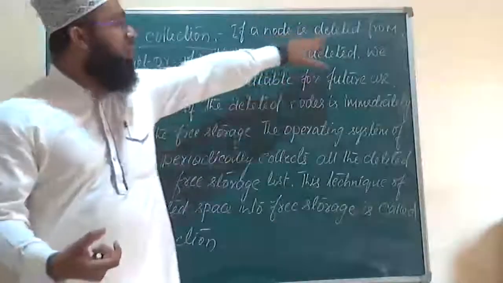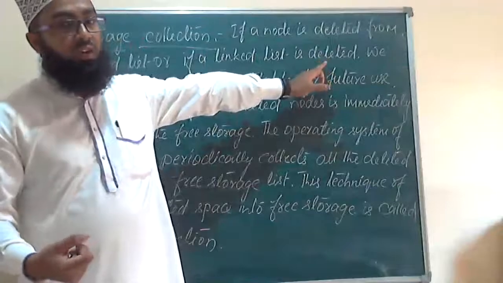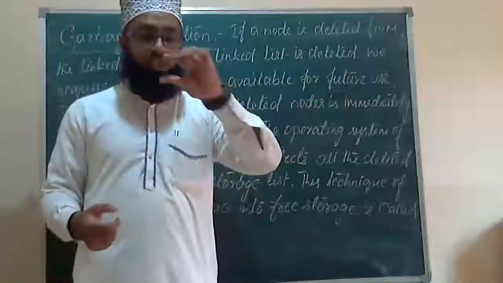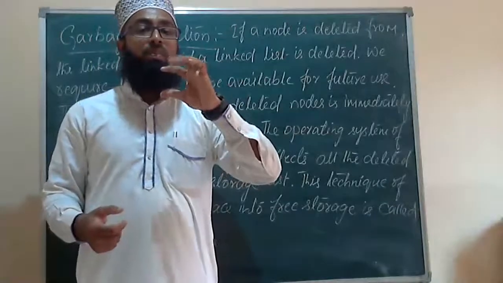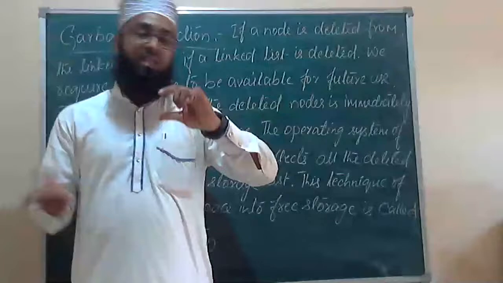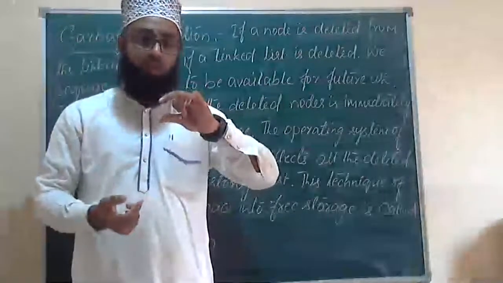That means the node or the linked list is deleted. Then that space will be available for future use. That geometry box has become free. It is having space. You can use that geometry box in future for keeping some more things.